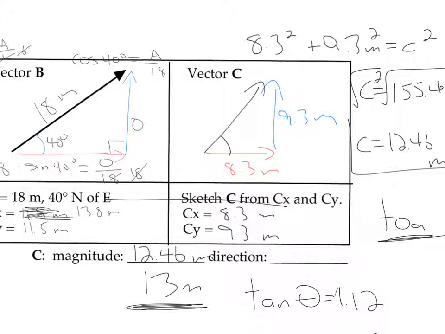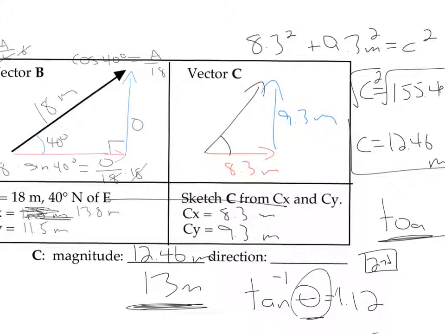And to get the angle, what I need to do on my calculator is called the inverse tangent. So you're going to hit the second button and then hit tangent, and it will solve for this angle, because really this is your unknown. This is the x in your equation. This is what you don't know. So do tan inverse of 1.12.